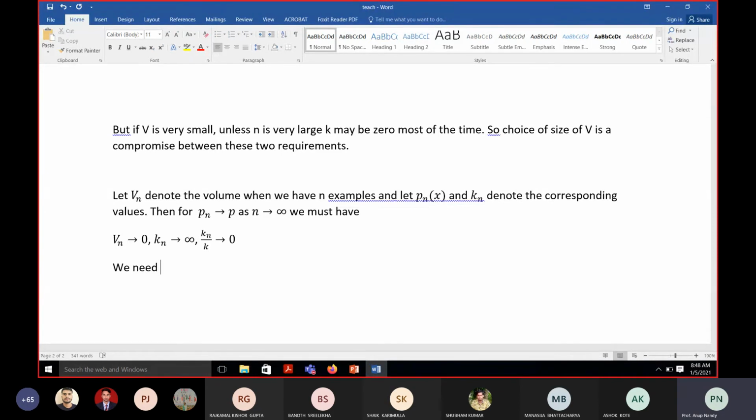So these are the conditions under these circumstances; we need V_n tending to 0 to get the correct estimate.